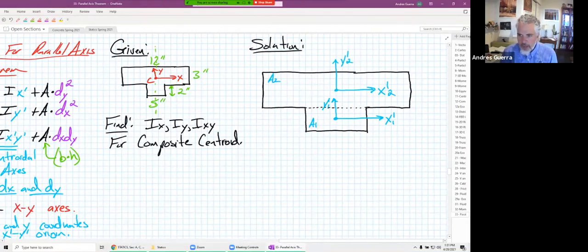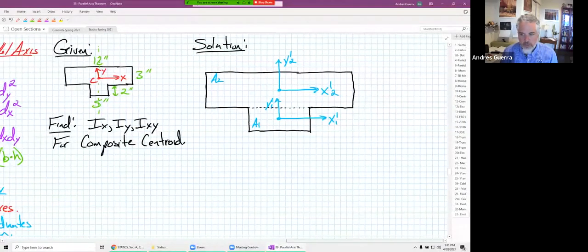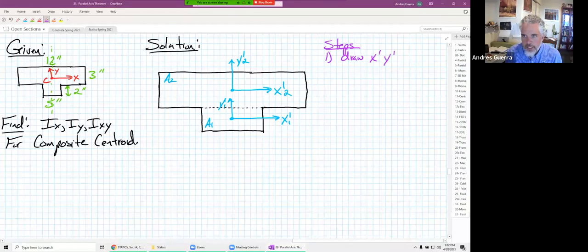And then off to the side here, why don't we write down our steps for solving this problem. Step number 1 was to draw the X prime, Y prime axes. Okay, so we did that.